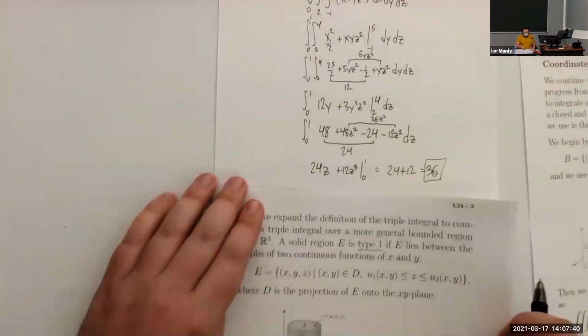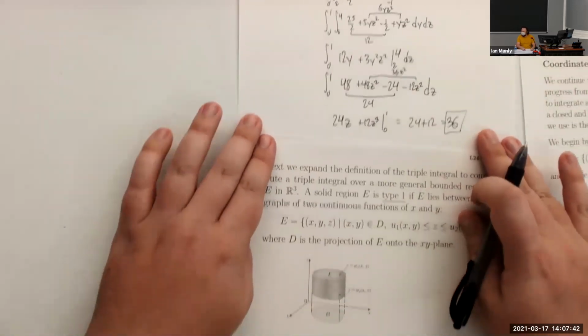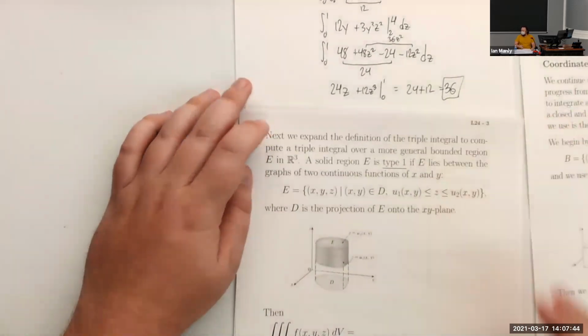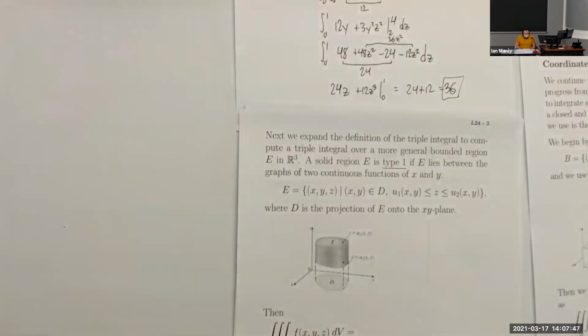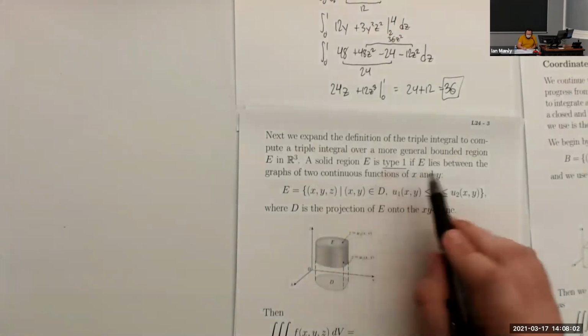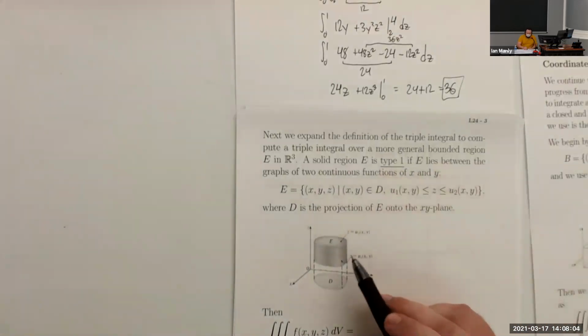All right. So that's doing a triple integral over something simple like a box. So what happens if the 3-dimensional region we're integrating over is not just a box? What if it's something that looks a little bit more complicated? Well, there are 3 types of solid regions that we can do triple integrals over.